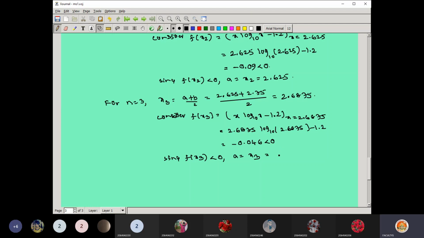The x3 value we got is 2.6875. Now you go for the last approximation, because going up to a maximum of 5 is enough. So see what x4 comes to: a plus b divided by 2. Your latest a value 2.6875 plus b value, previous b value 2.75.